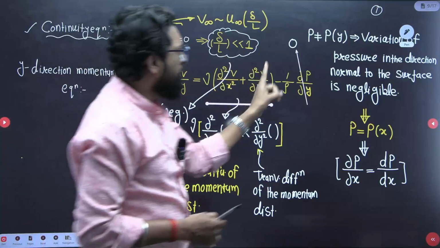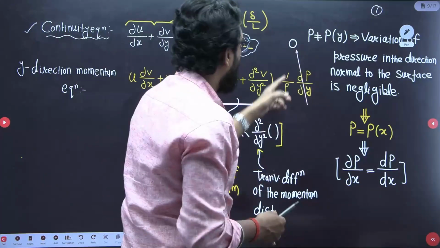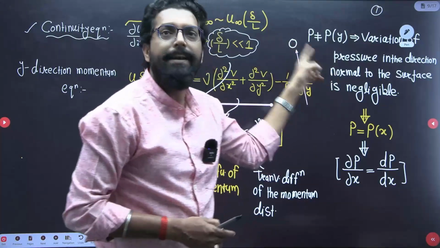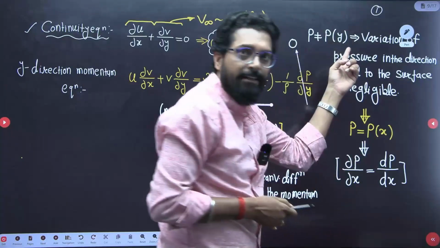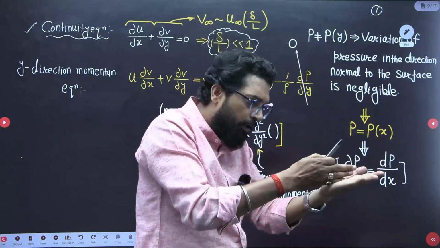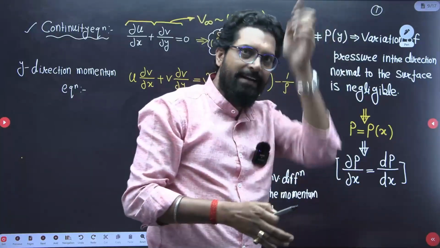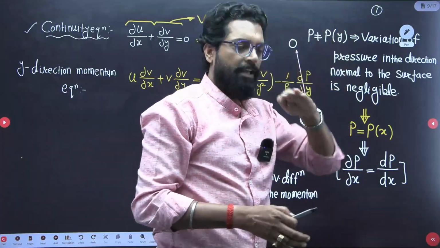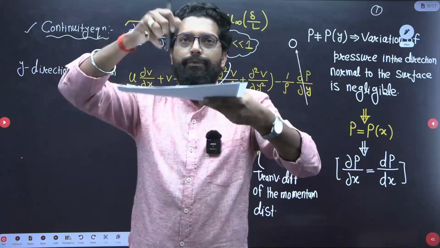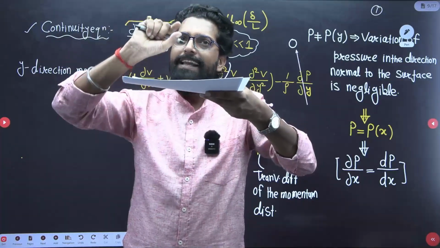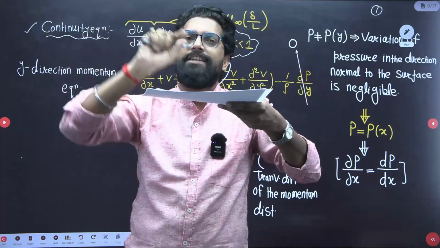Now we also conclude that the pressure gradient will be negligible. That means pressure is not a function of y. That means along a particular y direction, if there is a plate and this is your y direction, you take any y distance from the plate.